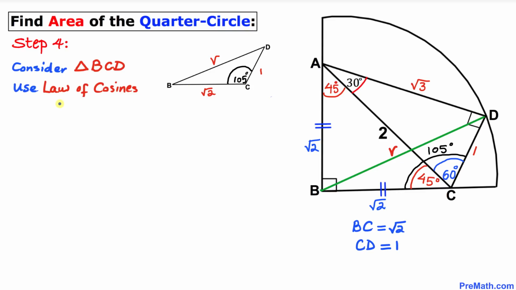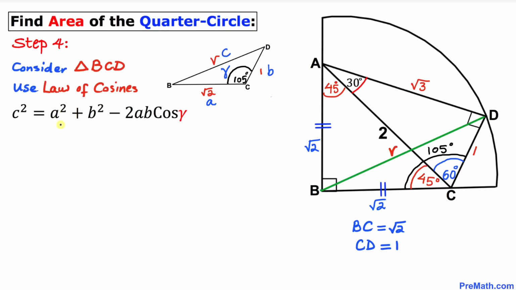Now we are going to use the law of cosines to find the value of r. And here's our law of cosines: c squared equals a squared plus b squared minus 2ab cosine of gamma. Let me call this angle gamma. This side I'm going to call a, this side b, and this side c, the longest leg. So let's fill in the blanks.